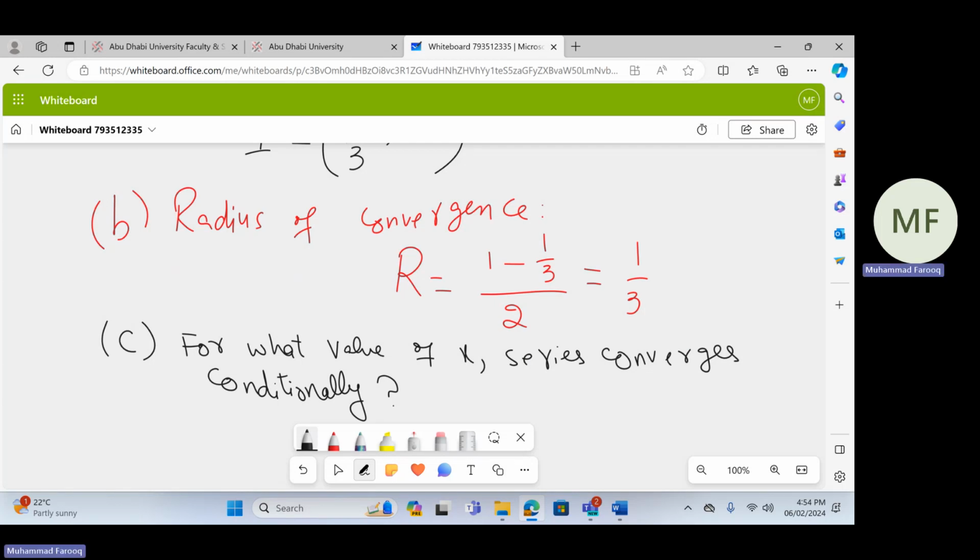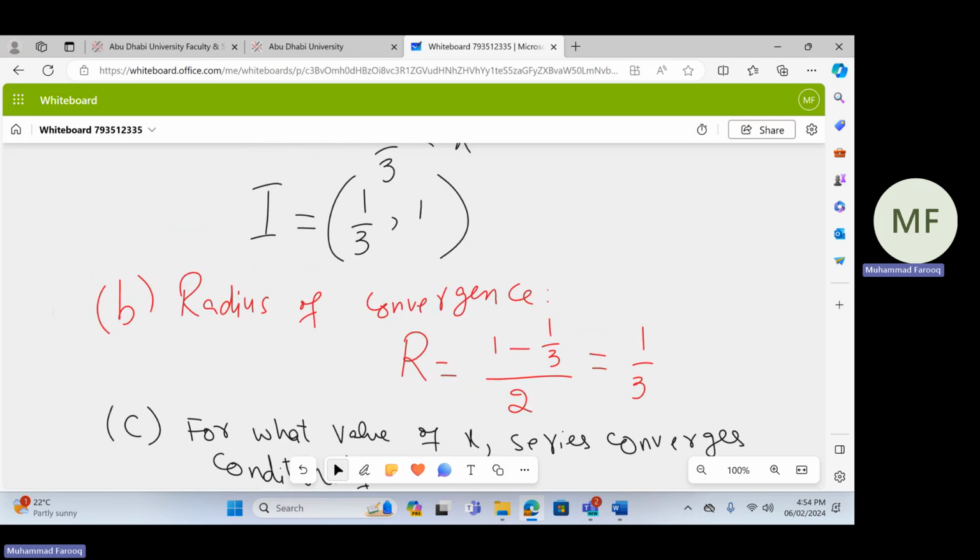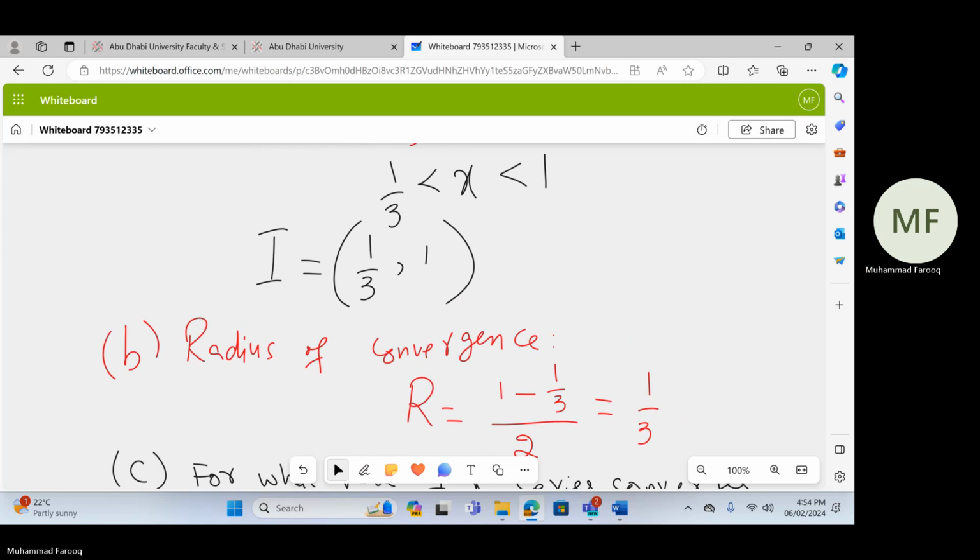Now, if you look at part A, look at the I value. What is this I telling you? This I is the interval of convergence, from where to where the series converges.